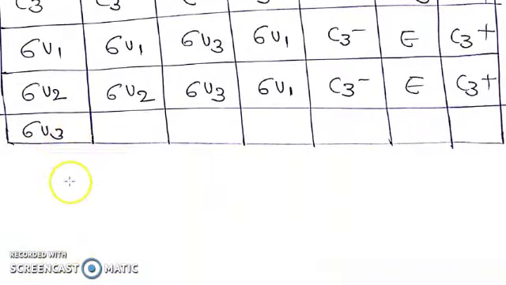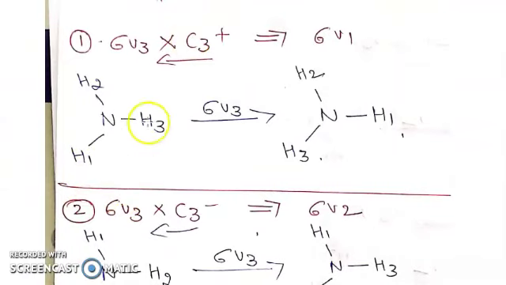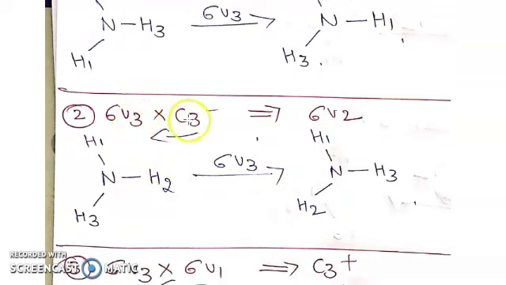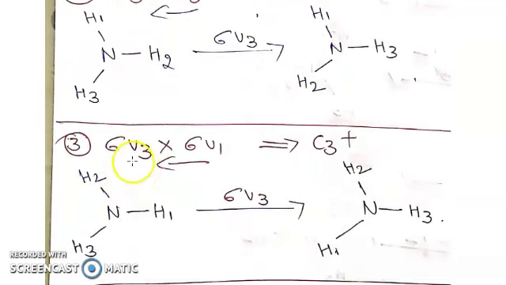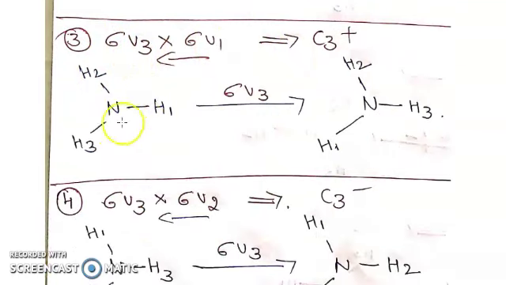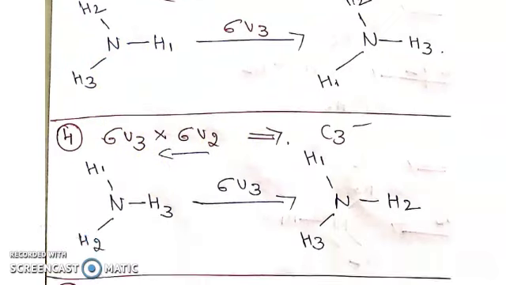The last one is sigma v3. Sigma v3 into C3 plus gives sigma v1. Sigma v3 into C3 minus gives sigma v2. Sigma v3 into sigma v1 gives C3 plus. Sigma v3 into sigma v2 gives C3 minus.